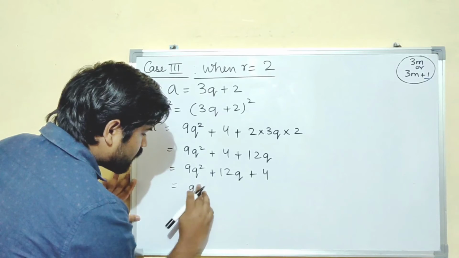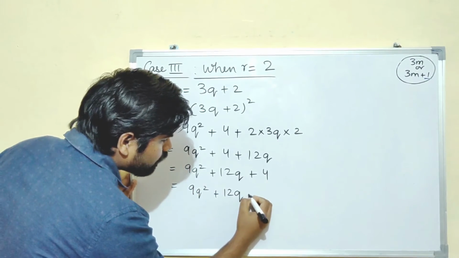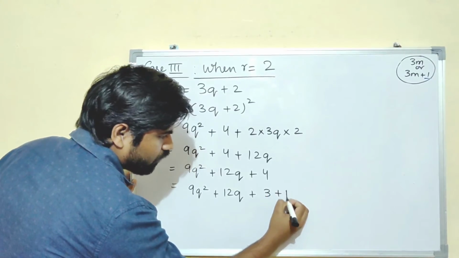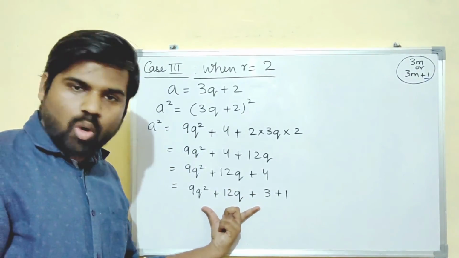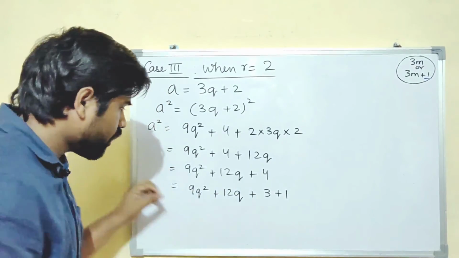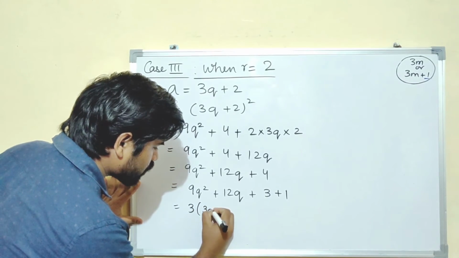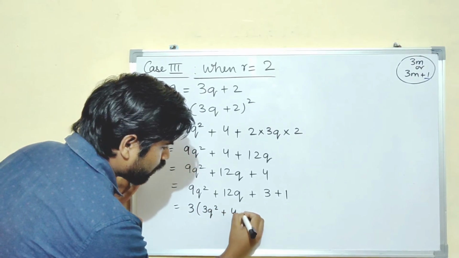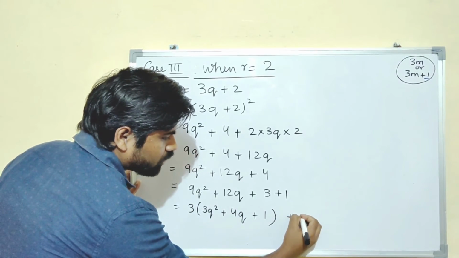Now I can write 9q square plus 12q. I can write 4 as 3 plus 1. Can I write? Yes. Now you can take 3 common from all these 3 terms and 1 will be left as a remainder, right? So you will take 3 as common here. You will get 3q square plus 4q plus 1 bracket close and plus 1.